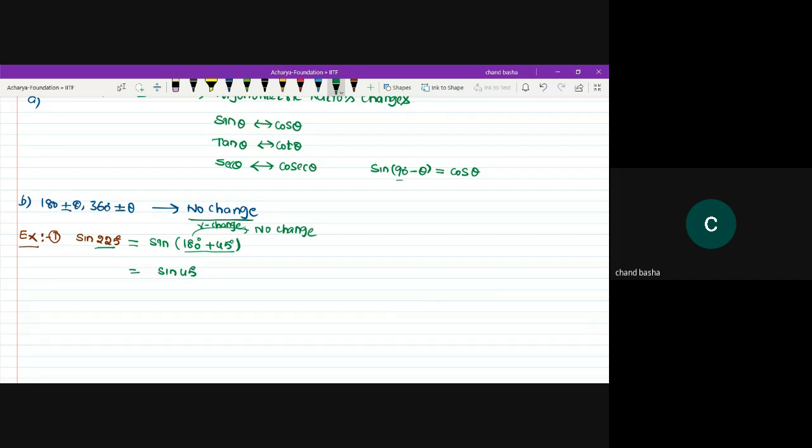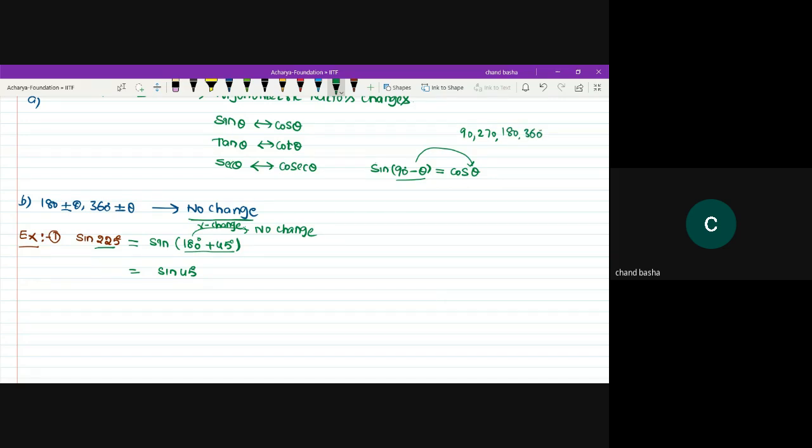Like 90 minus theta, you write cos theta. The same thing I'm going to use for 180 plus or minus. Here I'm using 180 plus, because for 225 you can use only 90, 270, 180, 360.